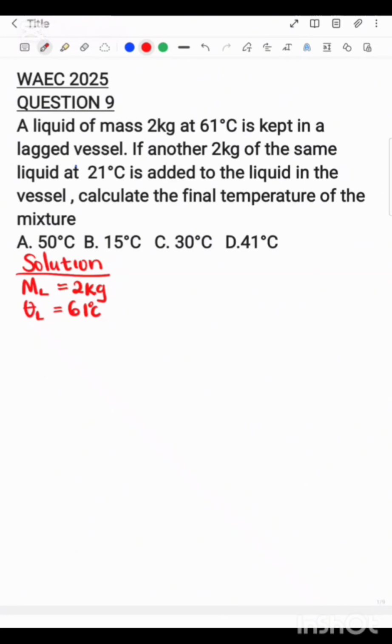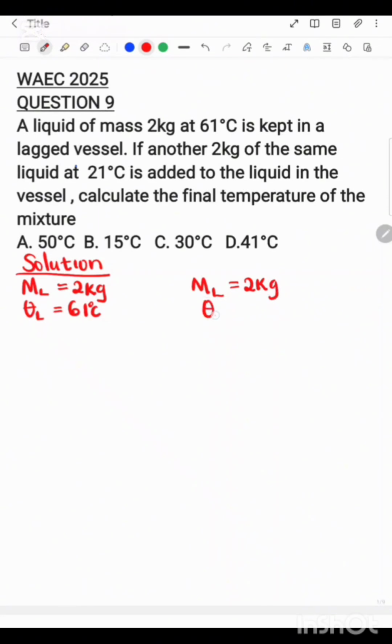Okay, if another 2 kg of the same liquid, now you have another liquid, but they are of the same material, they are of the same substance. That means the liquids are of the same thing. The mass of the other liquid is 2 kg. But the difference between these two liquids is their temperature.